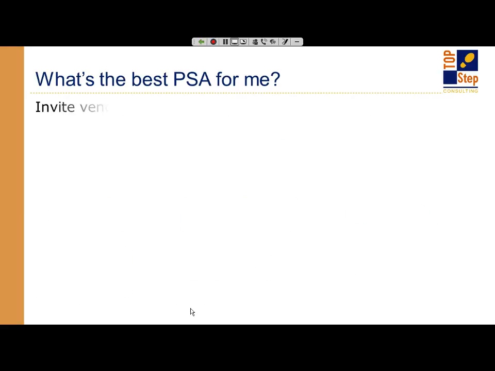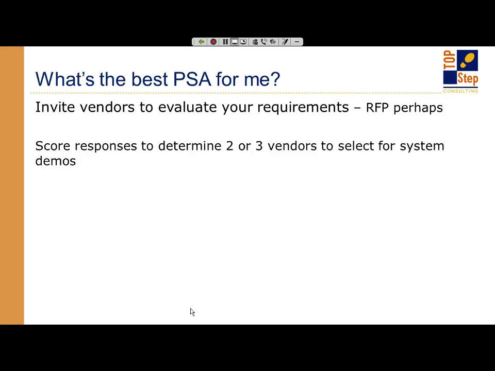At that point, you really want to invite the vendors that you've selected to answer questions about your requirements. This is typically an RFP, a request for proposal. You send the requirements out, maybe a subset of your full matrix, maybe the whole thing, and you ask the vendors to respond.